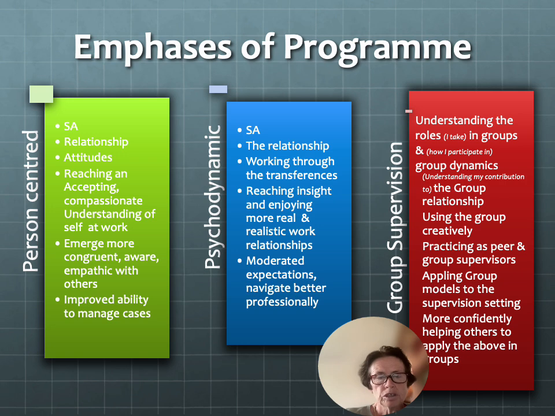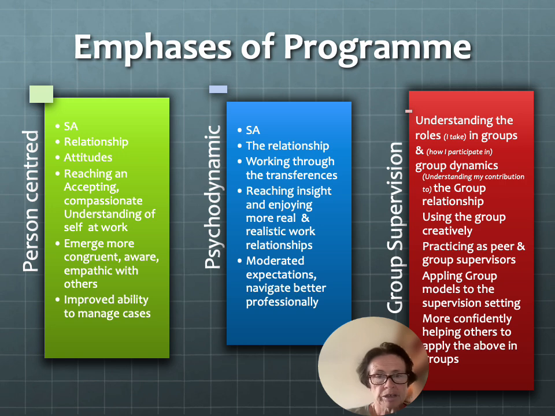And within the course, I was looking at the themes the other day about how in the different theoretical approaches, the emphasis both on person-centred and psychodynamic is very much on self-awareness. Now you get at that in different ways, but both of them set a high value on knowing ourselves and being committed to improving that knowledge on a regular basis.